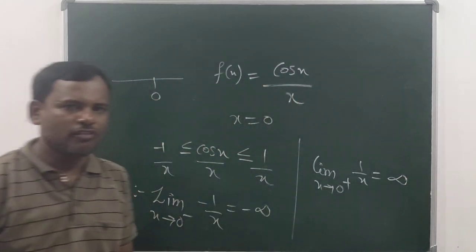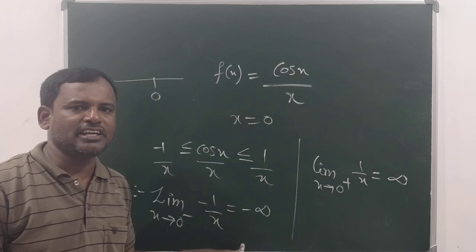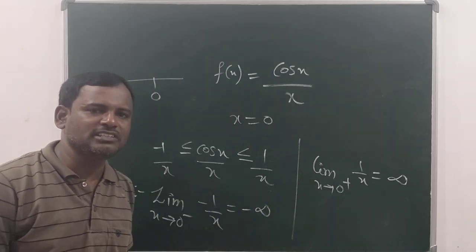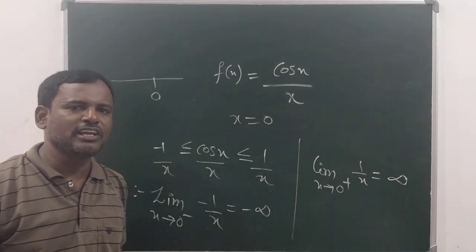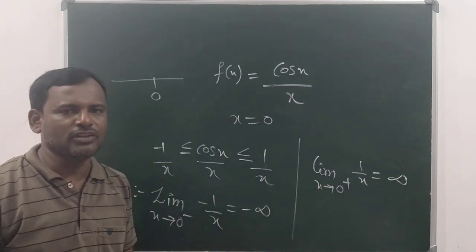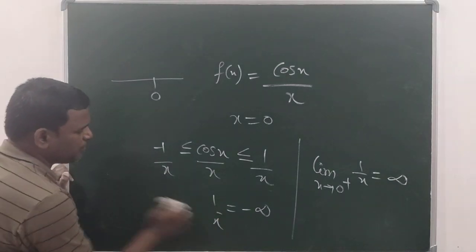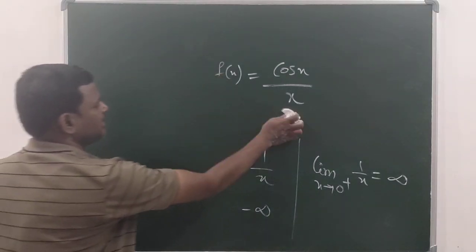What are you observing? The left hand limit is attaining minus infinity and the right hand limit is attaining positive infinity. Hence this is not defined, not continuous. This is an example of infinite discontinuity.